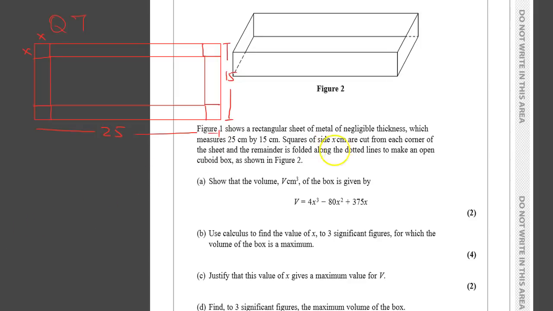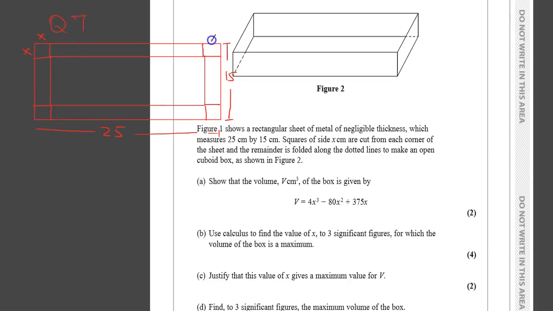Question number 7. This figure shows a rectangular sheet of metal of negligible thickness, which measures 25 by 15. The squares of sides x centimeter are cut from each of the corners. This is 1, 2, 3 and 4.